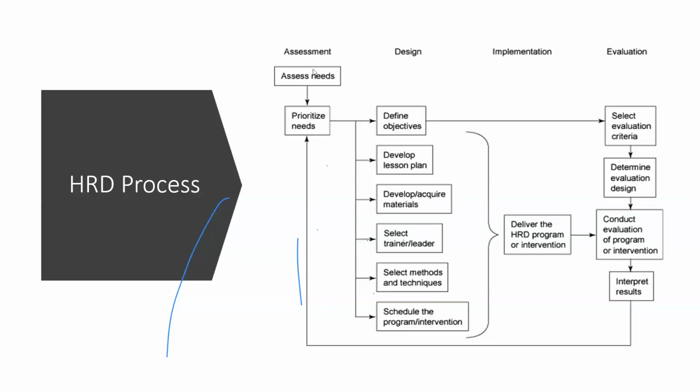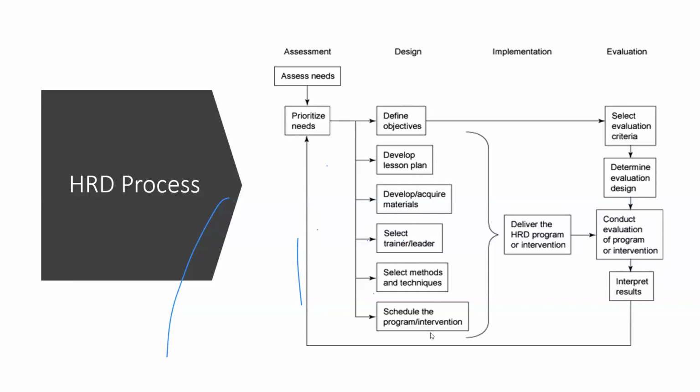Then once the need is assessed and identified, we can design a program, and the designed program can be implemented, and finally that can be evaluated. Whether the objectives of this HRD program are achieved or not is identified by this evaluation, right?